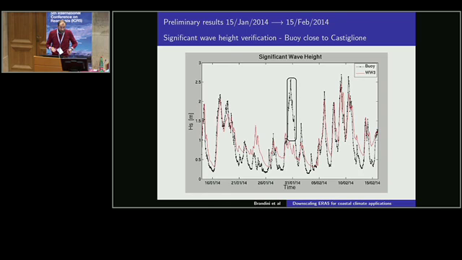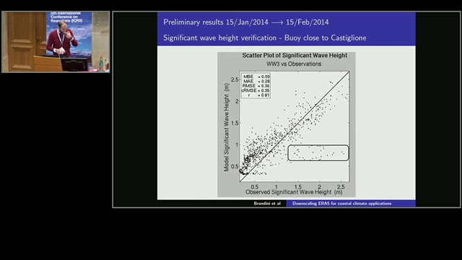That is, the model is completely missing an event of rough seas, considering that this is a coastal buoy. So a significant wave height of about 2.5 meters is pretty high, I would say. And the model is missing this event, as it is shown also in the scatter plot.